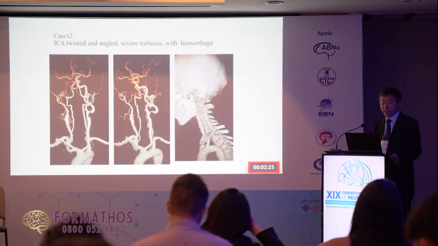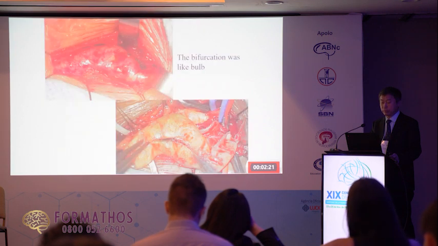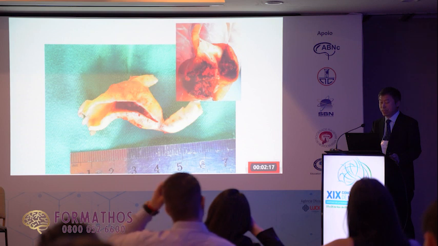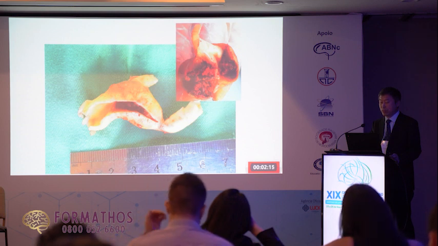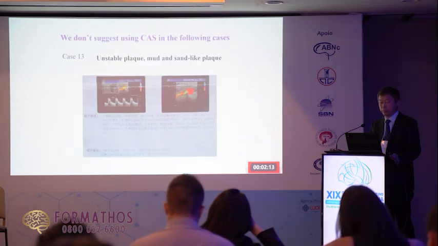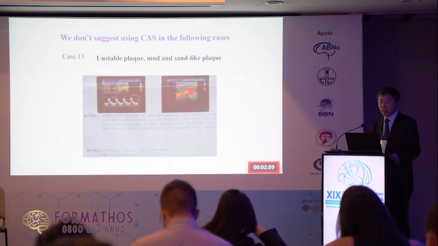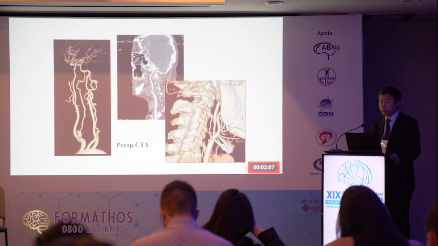And this case is tortuous and angled. The plaque is transected and intraplaque hemorrhage was found. And sometimes we don't suggest using CAS in the following. The narrow segment is in the ICA, if the ICA is very smooth.